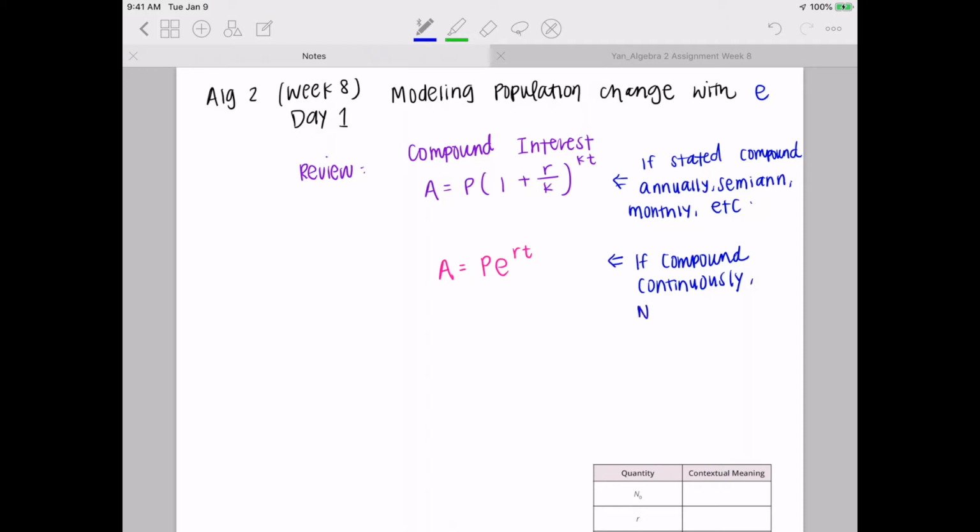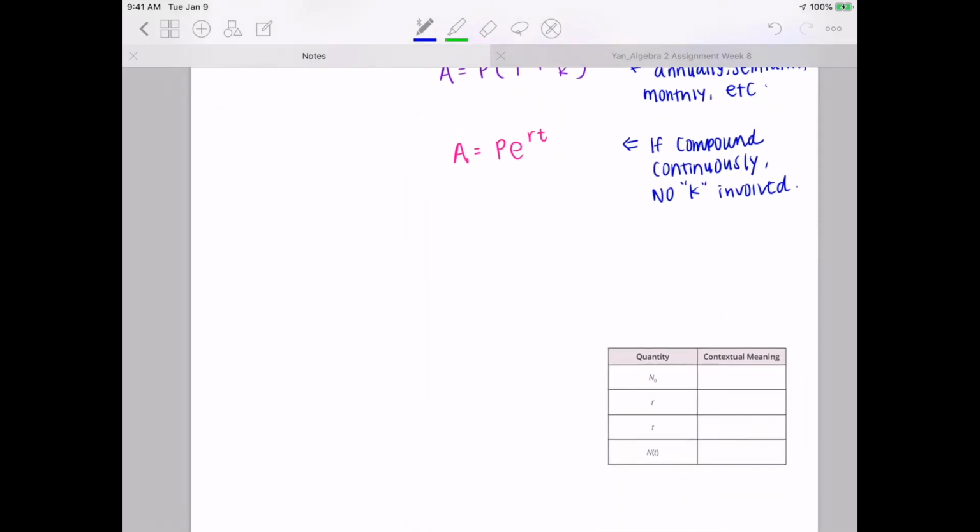There's no k involved because it's continuous. We didn't use this last week, but it's pretty important to know.